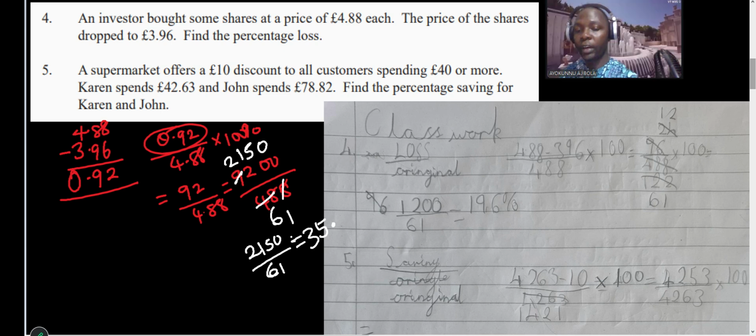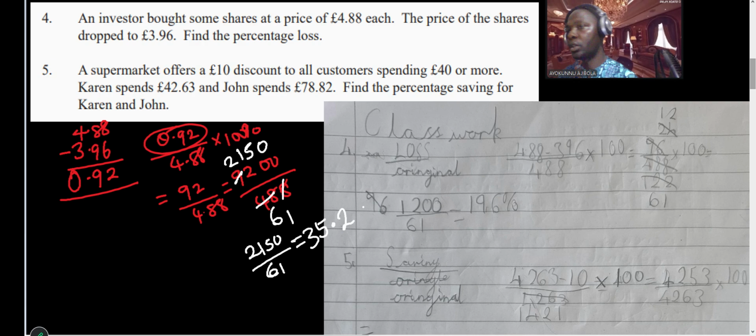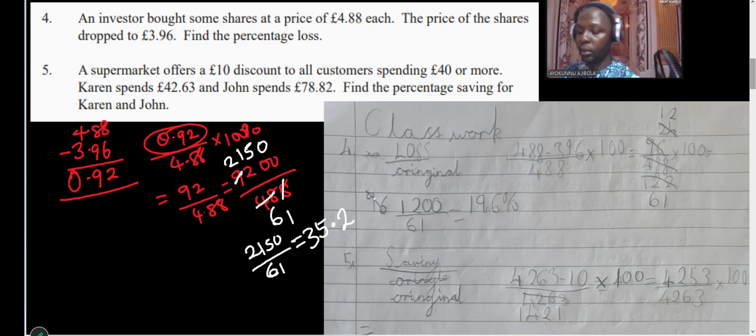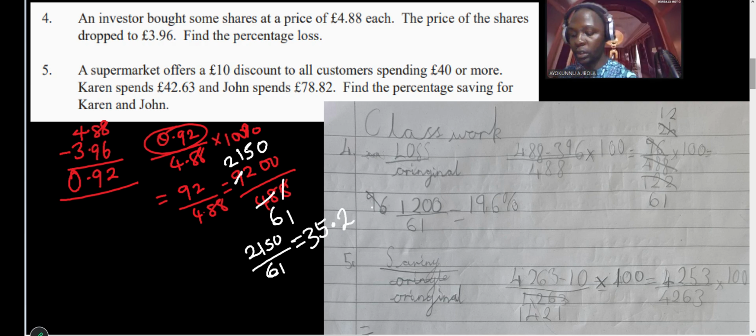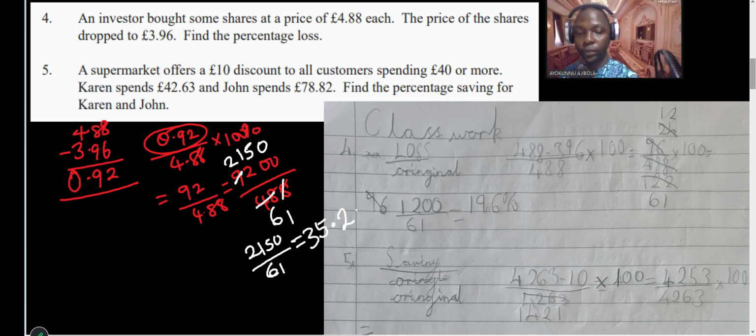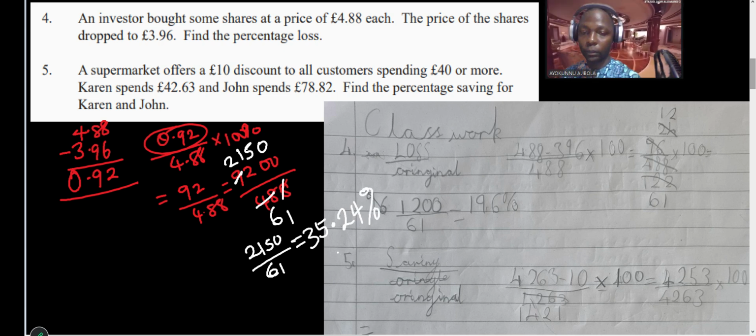So what I did at the top, I multiplied this by 100, I got 92, still over 4.88, right? So let me try that with a calculator. 0.92 times 100, that's 92, then divided by 4.88, that should be 18.85 that I got initially. So that means something is wrong with this calculator.